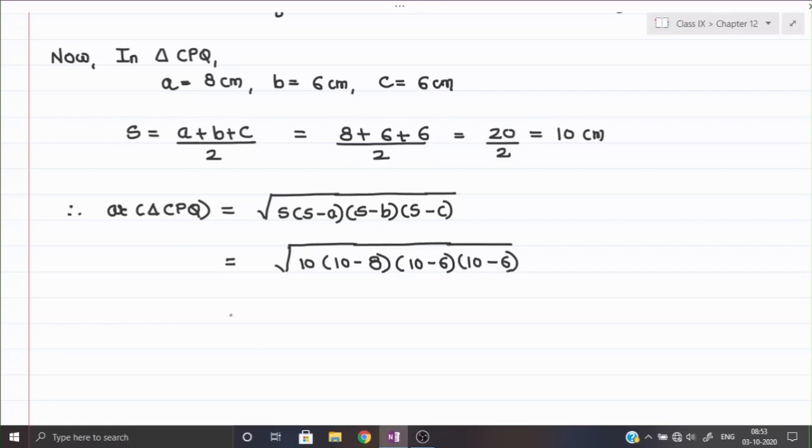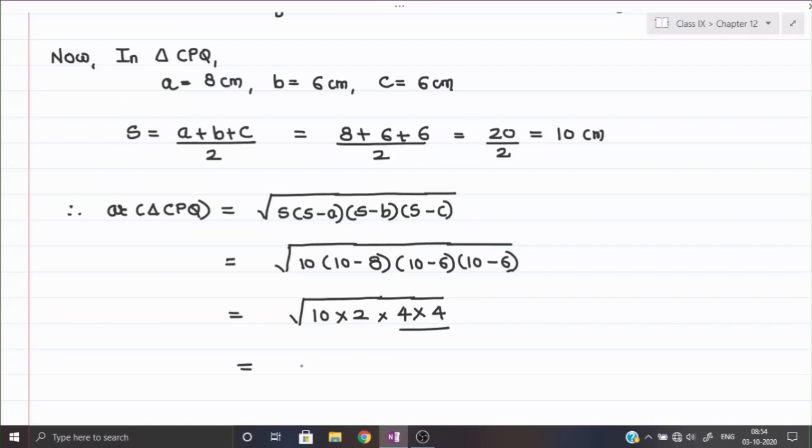So it can be written as 10 will be as it is, 10 minus 8 is 2 and 10 minus 6 is 4, into 4. So a pair of 4 is completed, so we can send it outside directly.